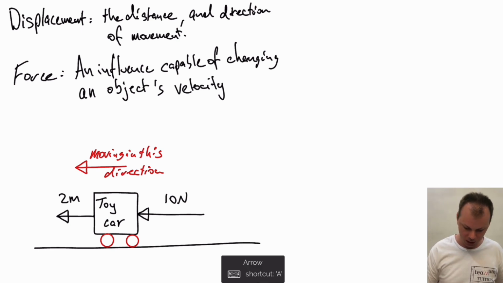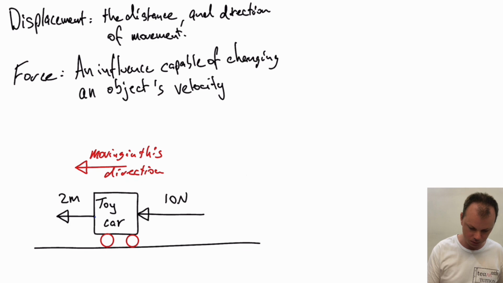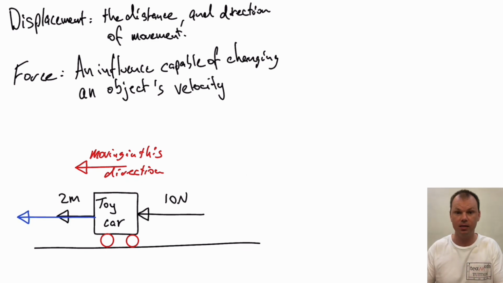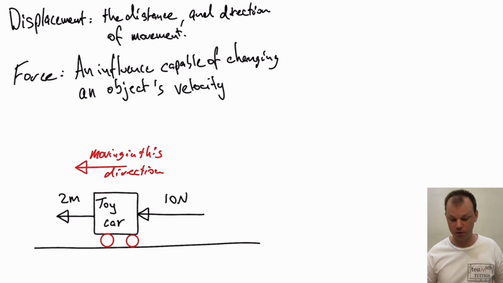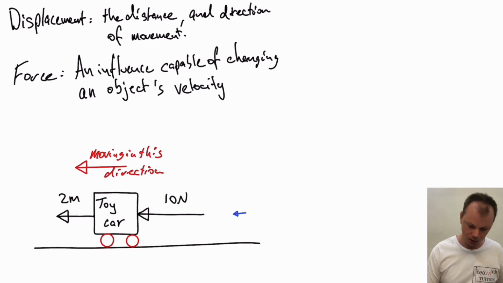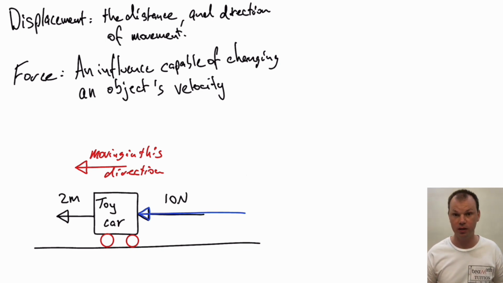If I was to apply the same force, but as the car moved 4 meters, then I'm going to double the energy increase that I put on the car. If instead of applying it over 4 meters, I was to apply the force over 2 meters, but apply double the force, so this blue arrow represents a 20 newton force, then again, I'm going to double the energy I'm putting into that car.